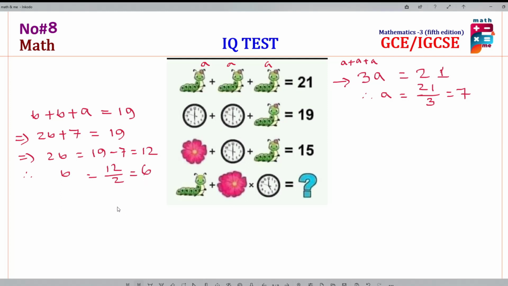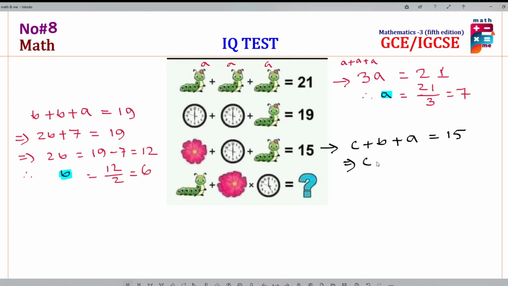Okay, great. Now look, we already have two values, B and A. Now we will find out the value of flowers. So flower is C. Look, this is C plus B plus A equals 15. B means watch, A means insects.